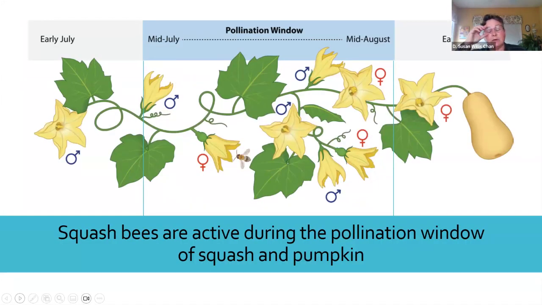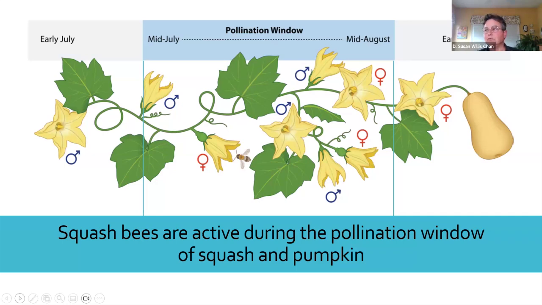Now, when I think about the production of squash from plants, I think about what's called a pollination window. And what I mean by that is you have flower production for long periods of time from early July till early October in most places. But the only flowers that really matter are the ones that bloom between mid-July and mid-August.